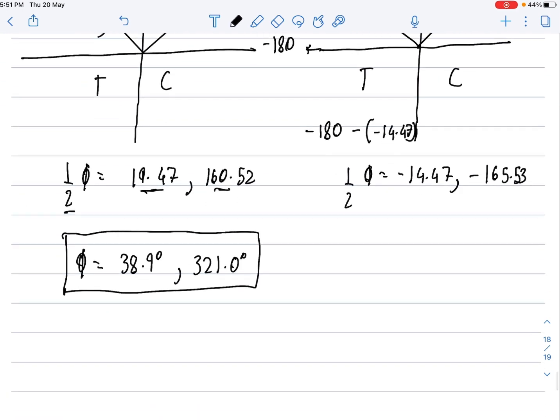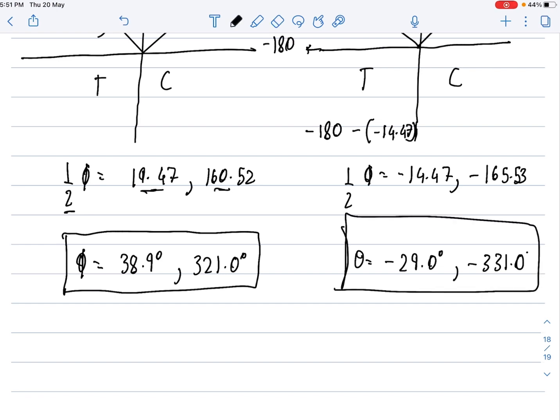So I can simply multiply 2 to both values to get negative 14.47 into 2, which gives me negative 29.0 degrees, comma, negative 165.53 into 2 gives me minus 331.1 degrees, or you can write 331.0 also if you want. So these are my 4 values for phi. Okay, there's a phi here, not a theta. So yeah.